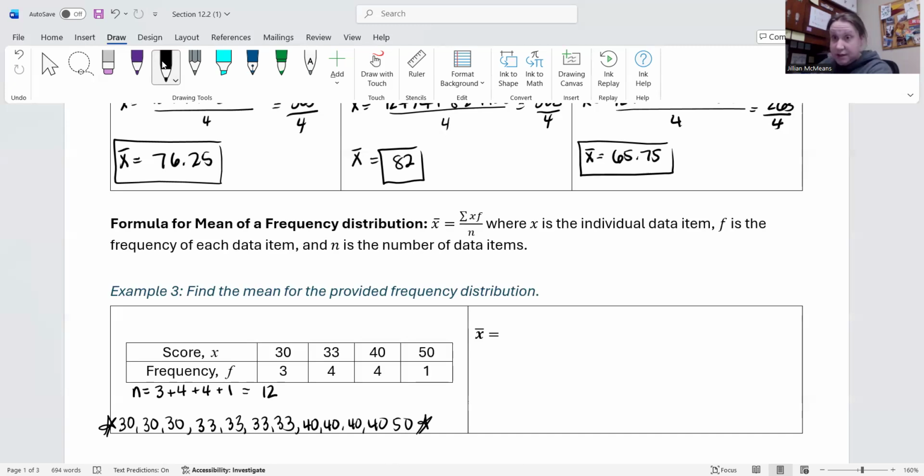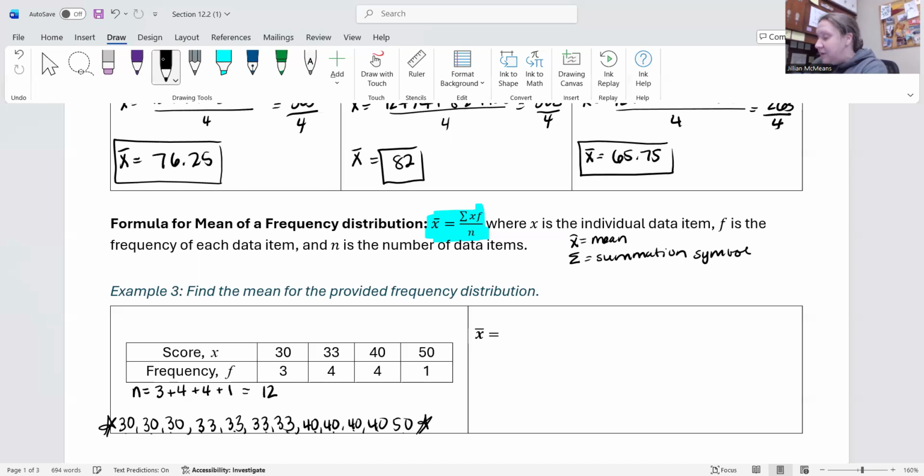And if you look at this listed out set of data, we have 1, 2, 3, 4, 5, 6, 7, 8, 9, 10, 11, and 12 data items. So you can see, guarantee we have 12 data items. Now, we do have a formula for finding the mean of a frequency distribution. Okay, so we have that wacky summation symbol again. So again, X bar just means the mean. All right, we have the weird summation symbol. And the summation symbol just says add up whatever comes after this.